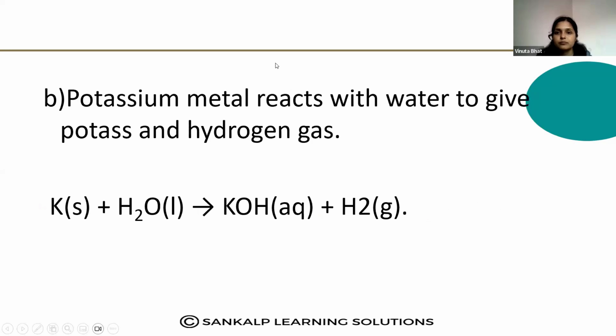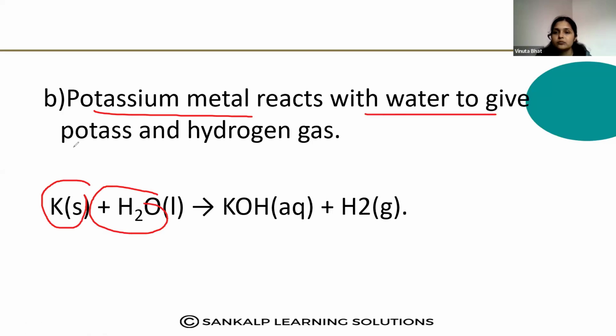Next question. Potassium metal reacts with water, H2O, and gives potassium hydroxide and hydrogen gas.